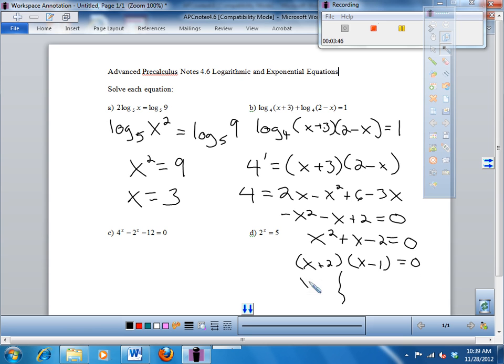So either x equals negative 2 or x equals 1. Can you have a negative in here? You would check it. Negative 2 does work because it doesn't make any of these negative, and 1 works as well. So both of those are okay answers.